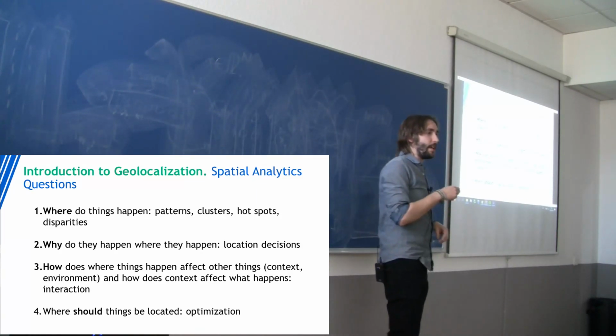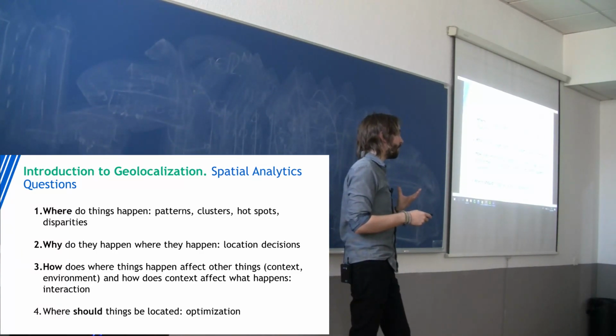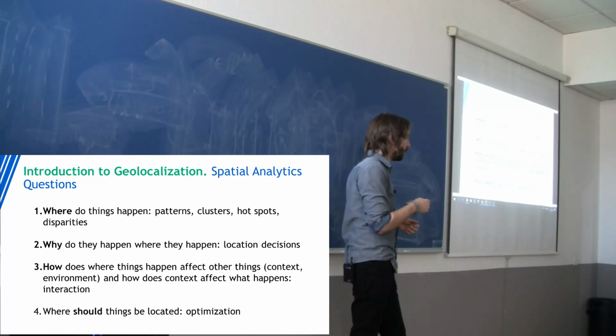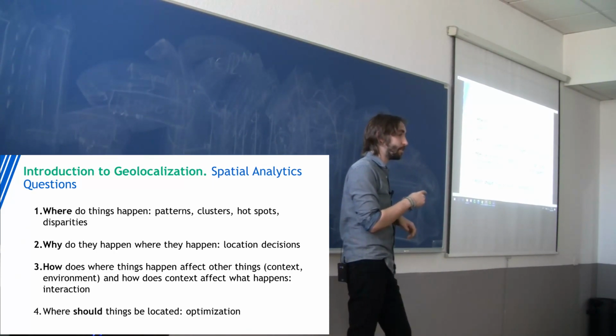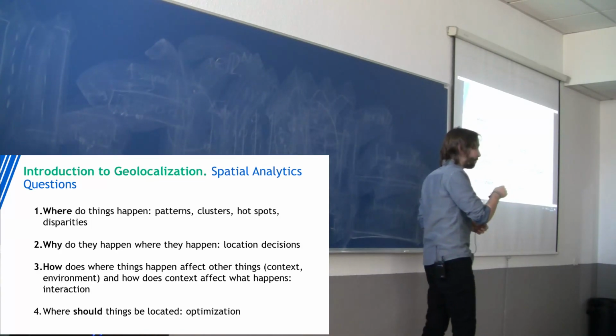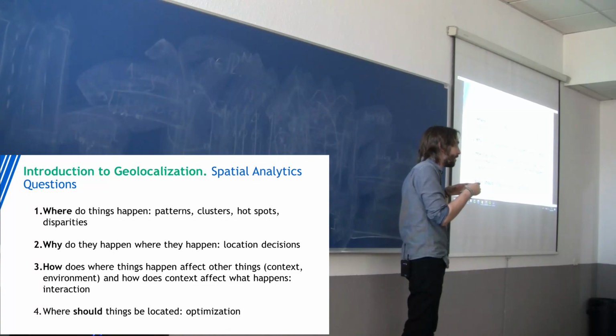So with the geographical information, not the system, not the software, but in general, the geographical information, we would like to answer this kind of questions, which are very difficult. If you don't take the perspective of geographical data, where these things happen is something that needs to have geographical information within the data.